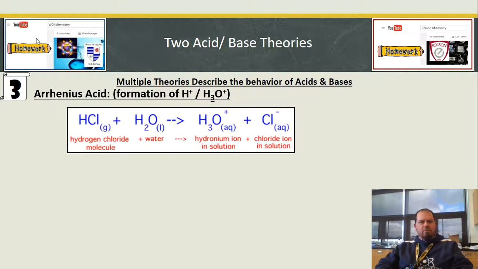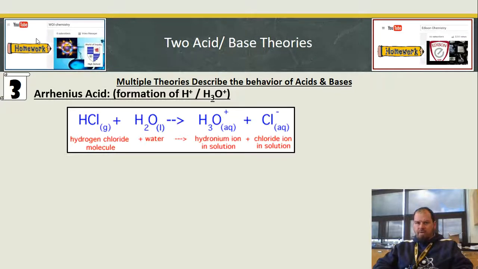Formation of hydronium. This is kind of how things work. I would write this down the best you can. You don't have to fill in all the bottom pieces, but you can see HCl loses the H. It donates its H to the H2O, making H3O plus and Cl minus ion.